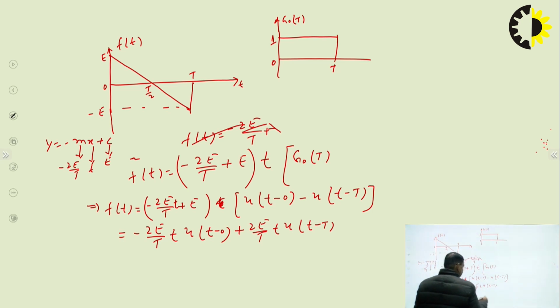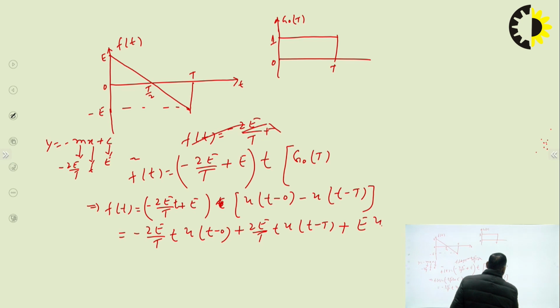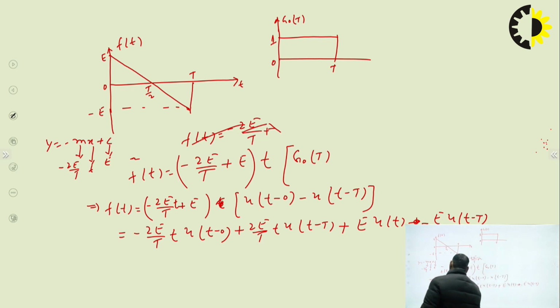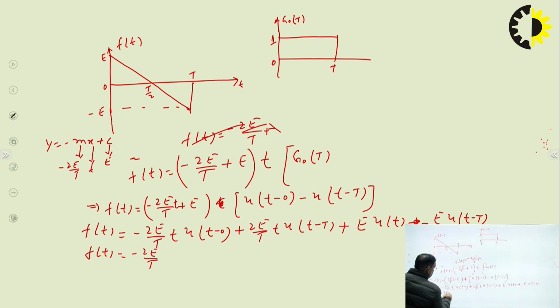Now come to this term, plus E u(t), and then minus E u(t minus T). So this is the expansion of the function. So Ft can be written as minus 2E upon T into t u(t).